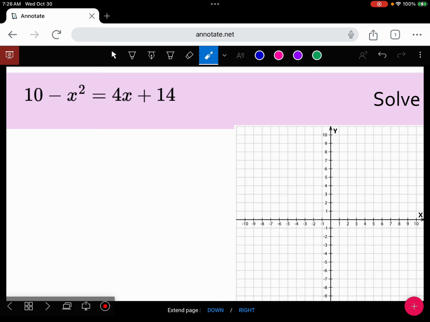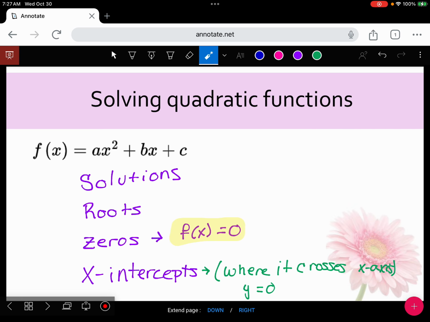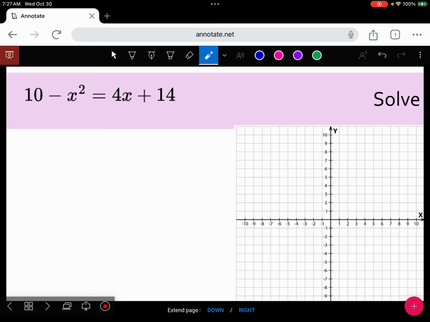We need this thing to equal what before we can solve it? We need it to equal what? 0. So when we have weird looking ones, we're going to make it equal 0.